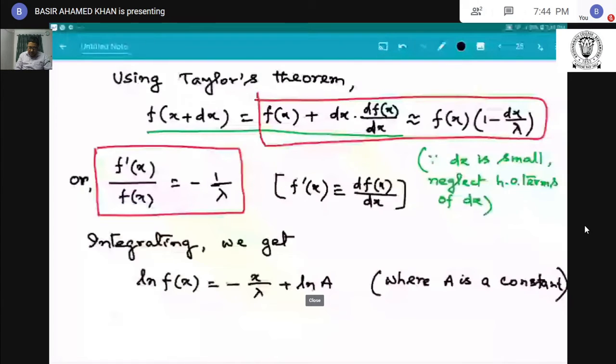Or ln of fx by a equal to minus x by lambda.